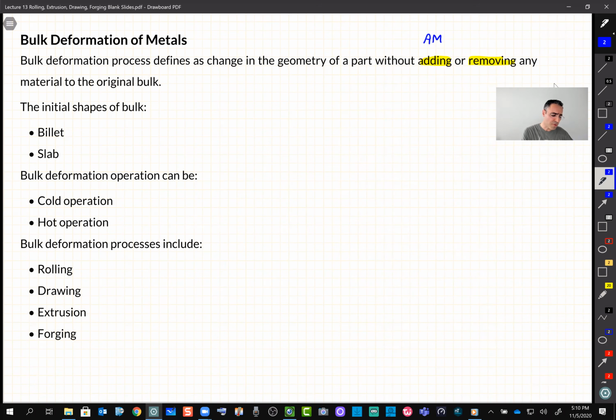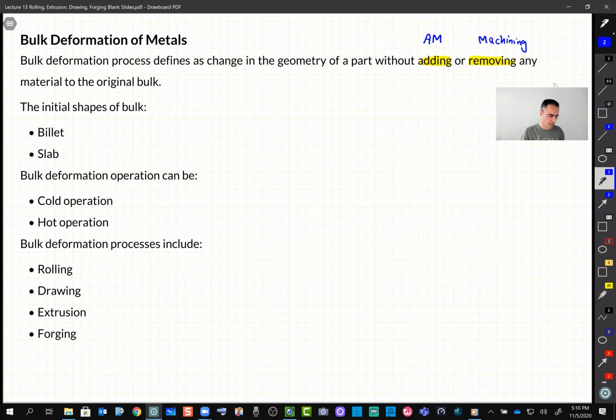And if you're making things by removing material, it is in the category of machining. I keep writing machining wrong, let me spell it right. Bulk deformation is neither of these. We are not removing anything and we are not adding anything. We change the geometry to get to the desired shape by plastic deformation of the bulk material.